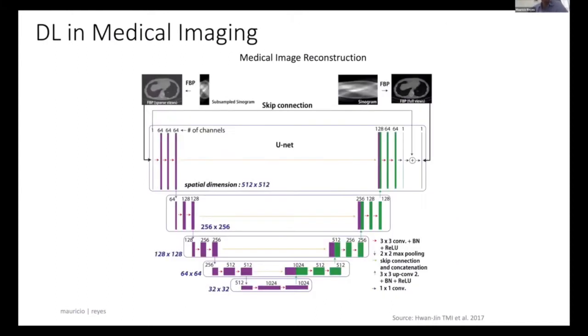People are also using, maybe you have seen this, the famous UNet architecture for actual image reconstruction. Here you take a sinogram, and instead of doing a filtered back projection, you actually learn that process with a deep learning architecture to do the reconstruction.